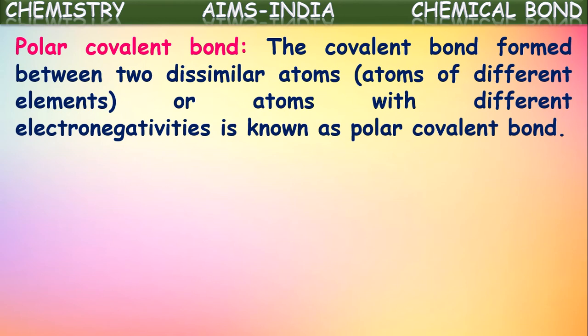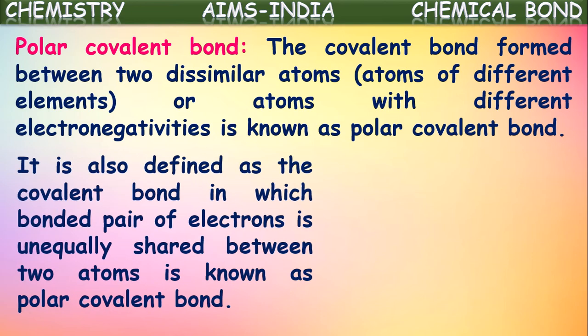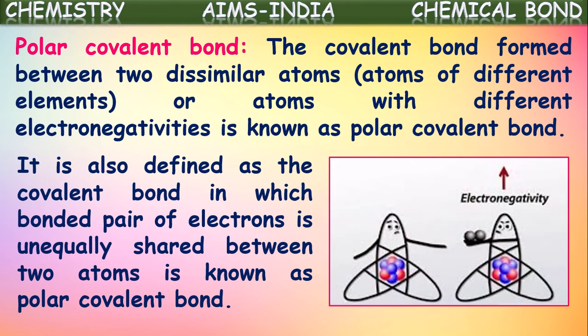The covalent bond formed between two dissimilar atoms, meaning atoms of two different elements or atoms with different electronegativities, is known as a polar covalent bond. It can also be defined as the covalent bond in which the shared pair of electrons is unequally shared between two atoms.